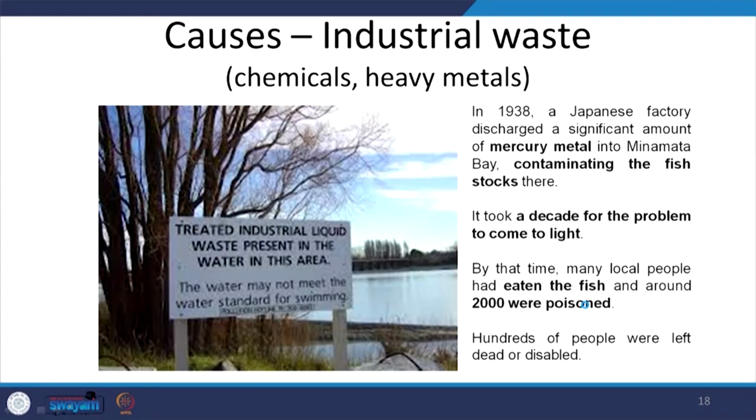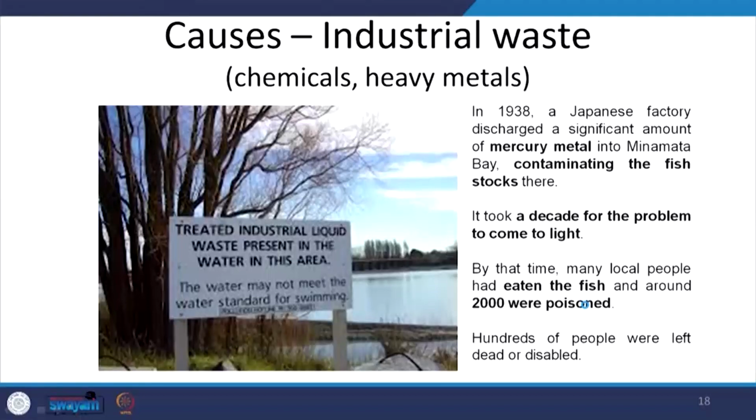They are taken up by fish. The fish further enters our food chain, and humans are poisoned by these chemicals and heavy metals which have already entered the system through pollution of water.